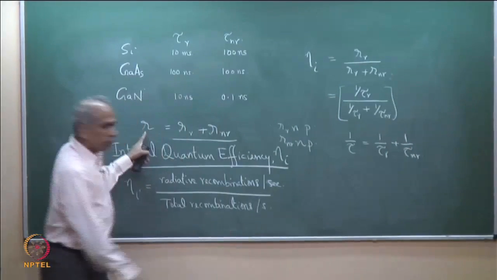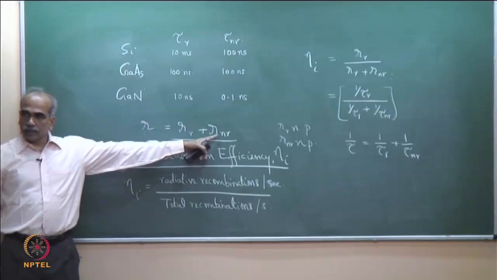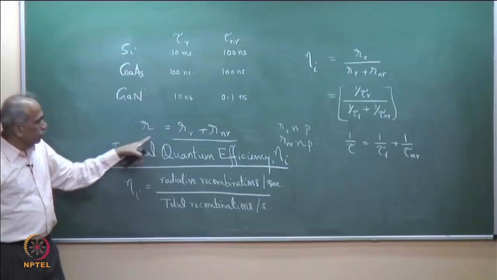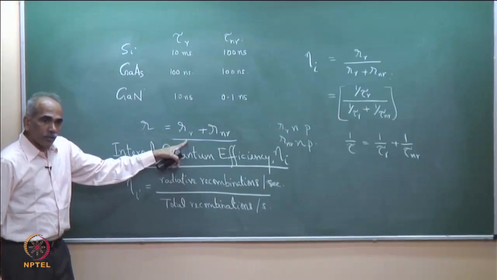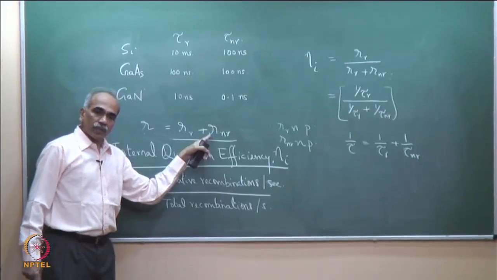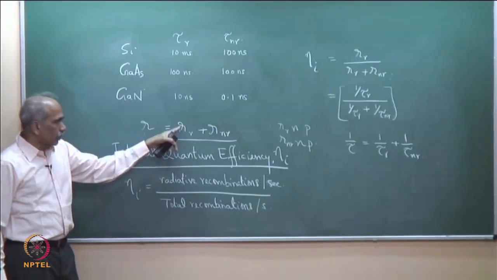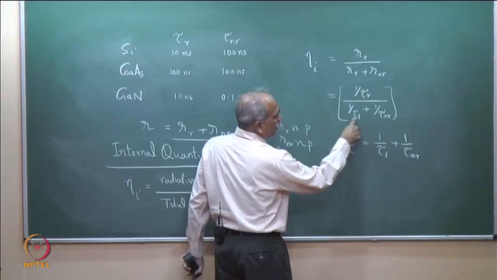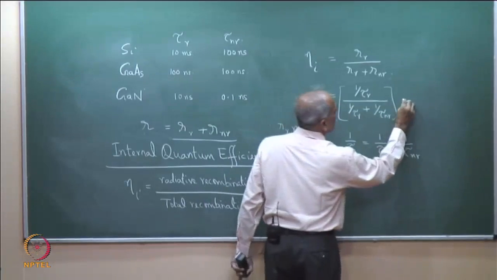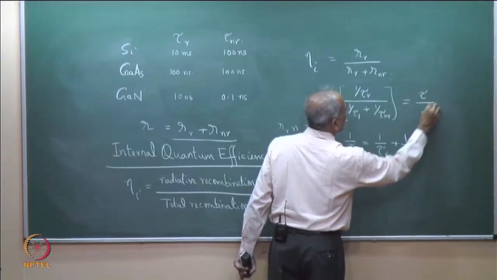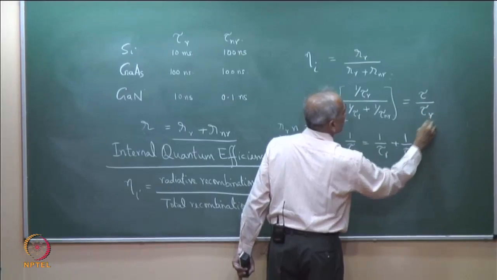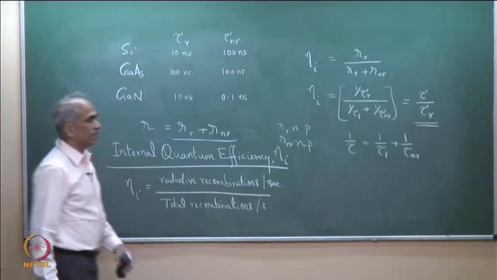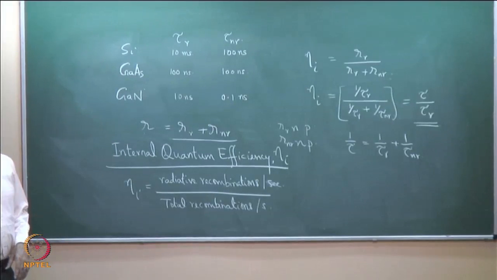Why? R is equal to RR plus RNR, therefore this is inversely proportional. The denominator is nothing but 1 over tau. So eta I is equal to tau divided by tau R.